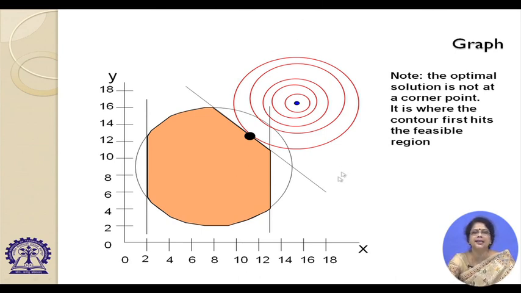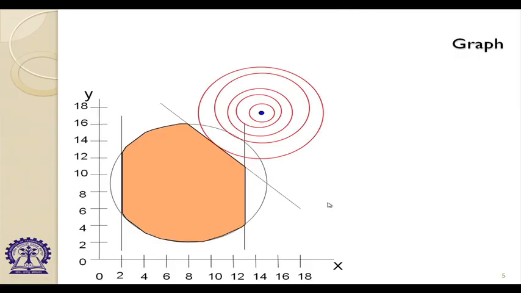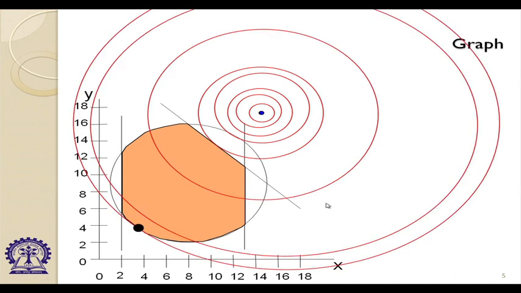Now, I am extending this problem to the maximization type. That is why this objective function is moving further and further. What did you see? Once this objective function's contour is touching here, that is the last possible position for the objective function to remain within the feasible space.